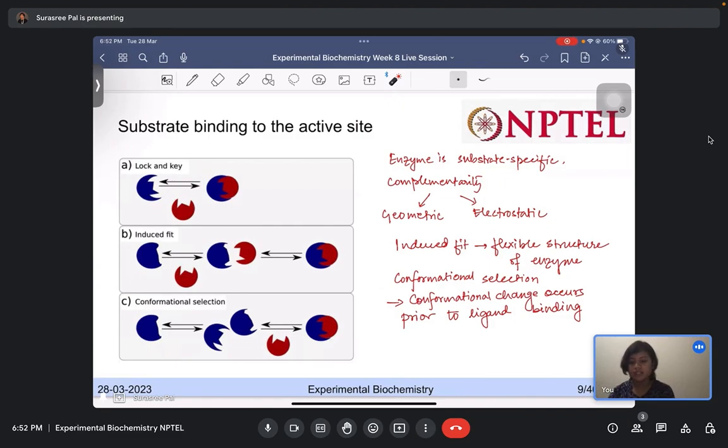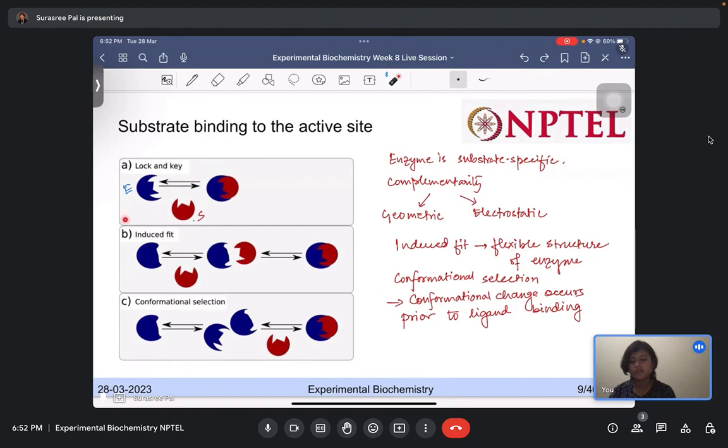Here we can see this red one is the substrate and this is the enzyme. The shape of this substrate is complementary to the shape of the enzyme, and this substrate has fit into the enzyme as if it has gone into the correct lock.